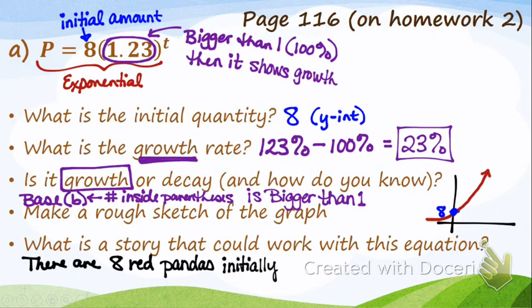I have to say something that tells me that that's at the beginning, right? So whether you use the word initially or not, there has to be something that tells me that's the starting amount. There are 8 red pandas initially, and their population is growing or decaying?